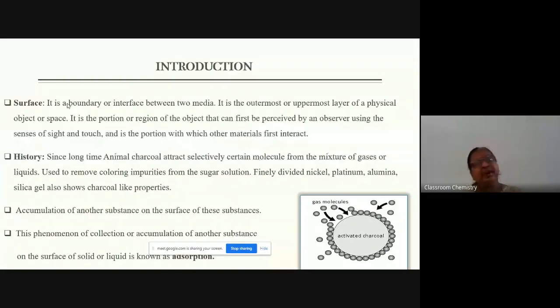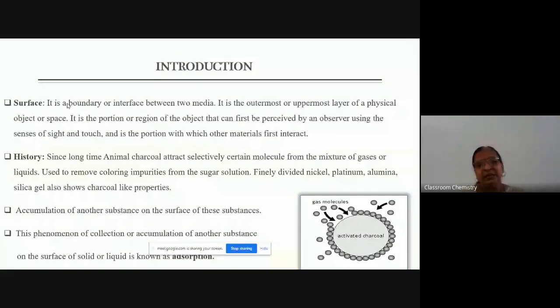Now what is the history of adsorption? That is, we have to study the phenomenon of adsorption in the surface chemistry topic, and since a long time, animal charcoal attracts selectively certain molecules from a mixture of gases or liquids, and also this animal charcoal is used to remove the coloring impurities from the sugar solution.